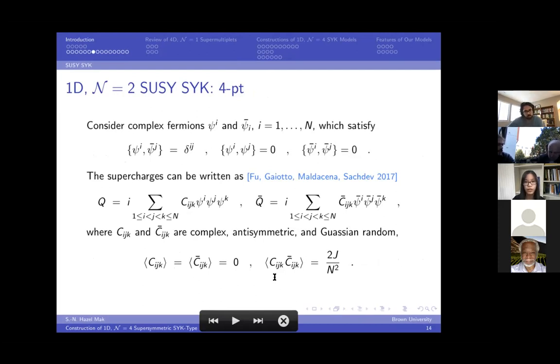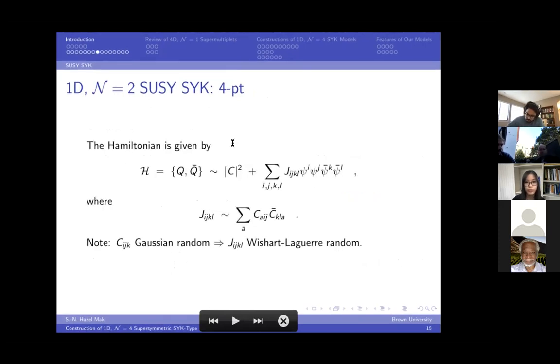And now you can write down the Hamiltonian as an anti-commutator between Q and Q bar, and then this will be the SYK term. And this coupling constant now follows this distribution.